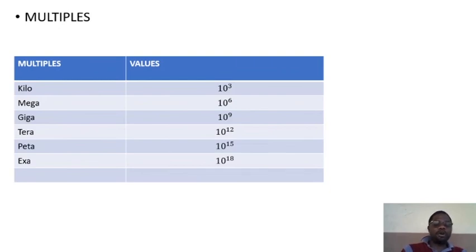We still have more multiples. We have that of 10 raised to power 21, 24, and so on and so forth. Okay, so these are the multiples and submultiples.